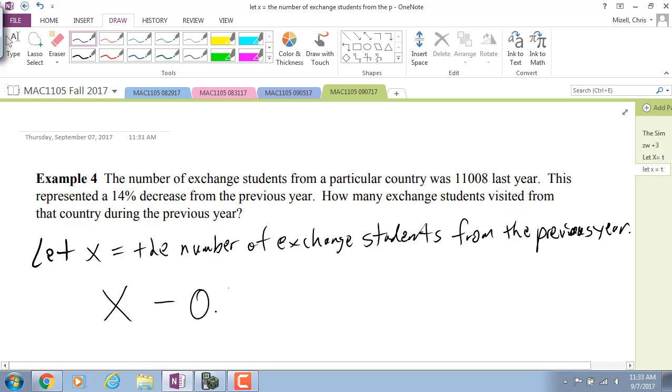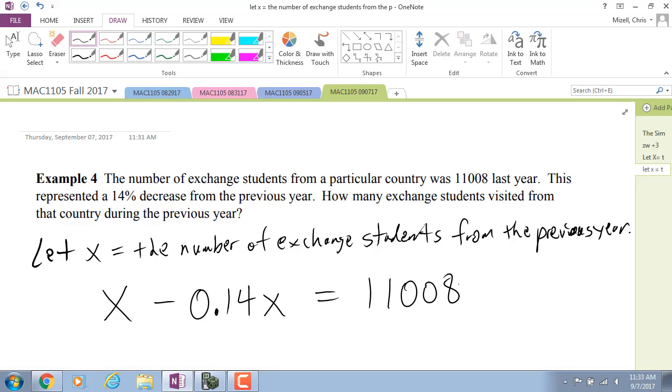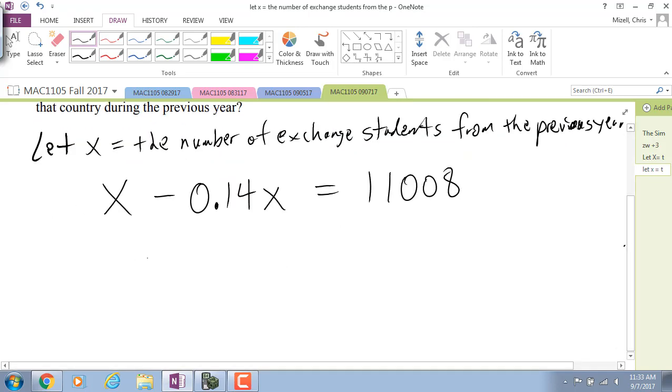Subtract 14% of it, 0.14. And that'll give us 11,008. If we combine like terms, what is x minus 0.14x? 0.86x.